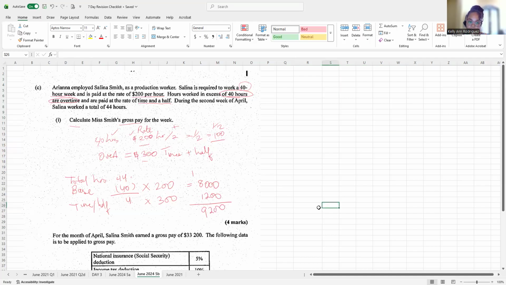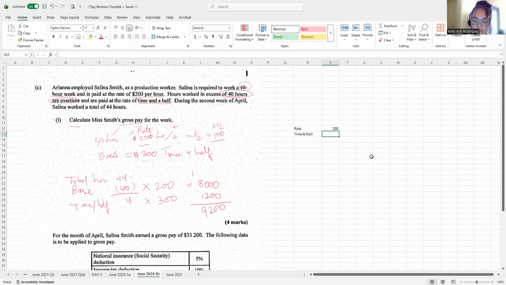So this is me scrapping here as I explain. You could take your time and do a table. So you want to know how you're going to calculate this. You could put rate, you could put time and a half. When you're drawing up your workings, rate is 200, right?